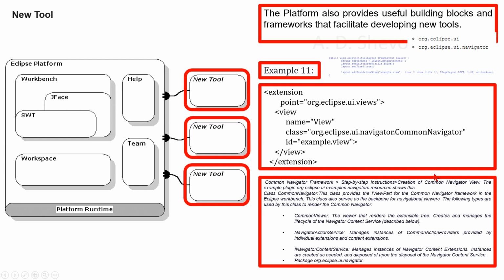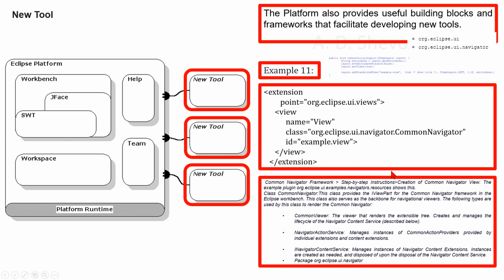Add the viewer extension org.eclipse.ui.views and provide org.eclipse.ui.navigator.CommonNavigator as the value of the class attribute. Please note that the view ID will be required in later steps for the content and action bindings.